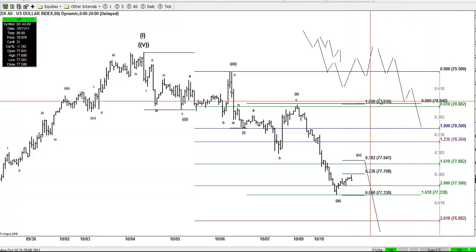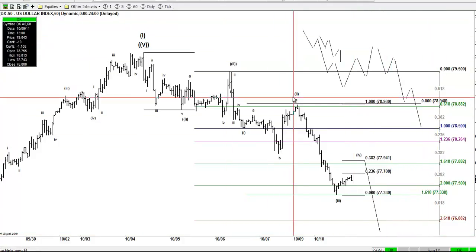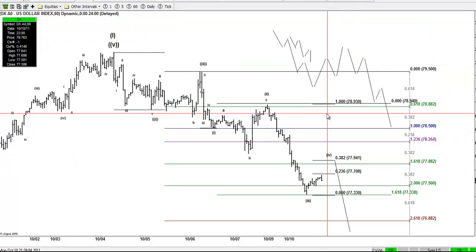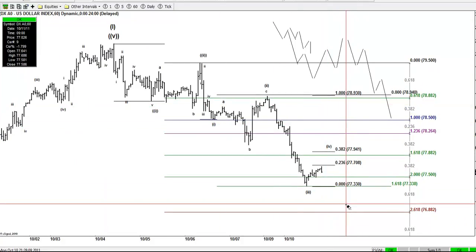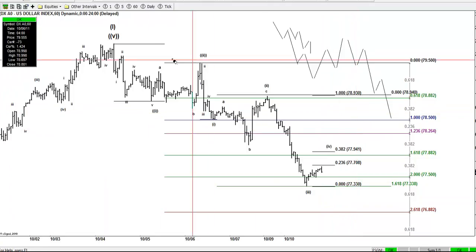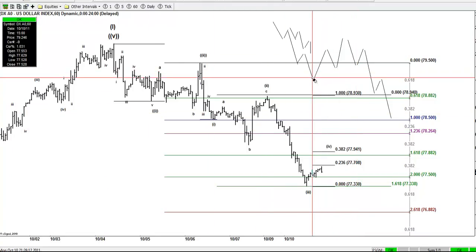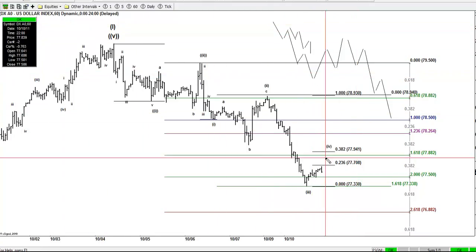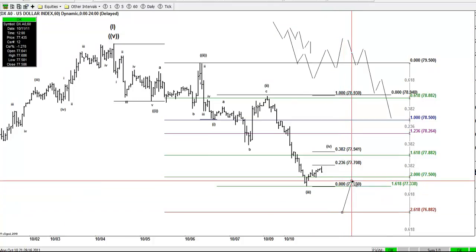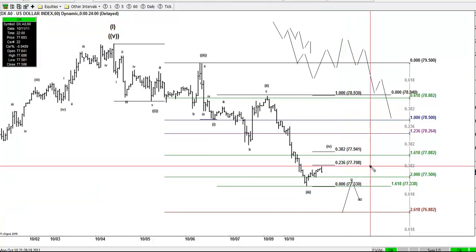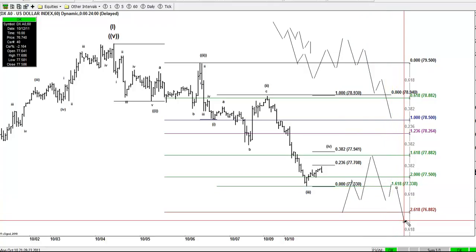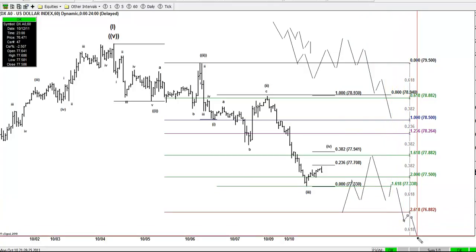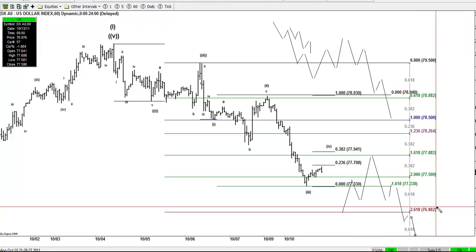And then if that's the case, what we should see is something like this. We should see a move in the dollar to get to this level around here, and then from here we should visit the previous 4, and then from there we should get another small 5, I would say to around 76 and change.